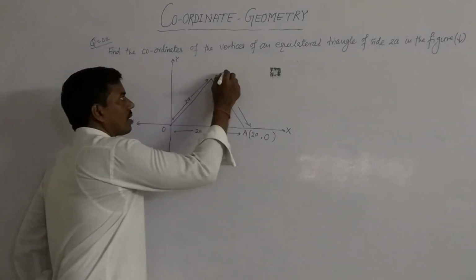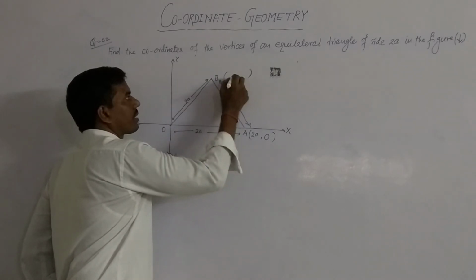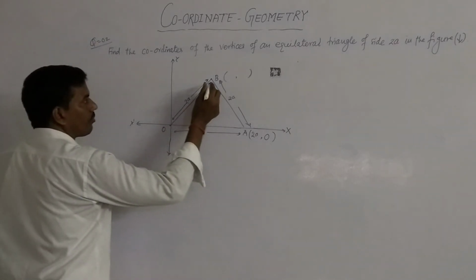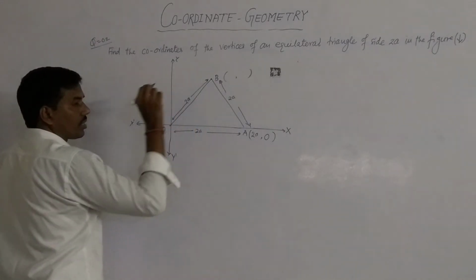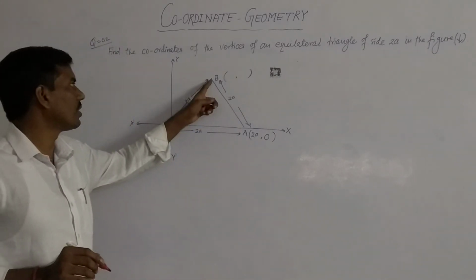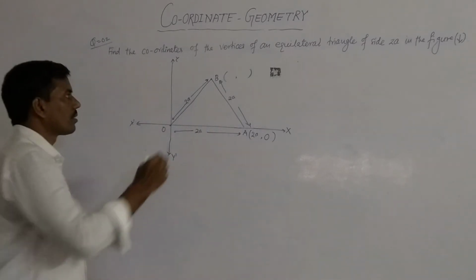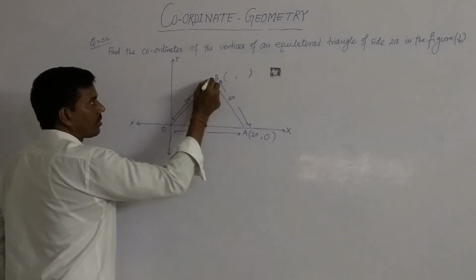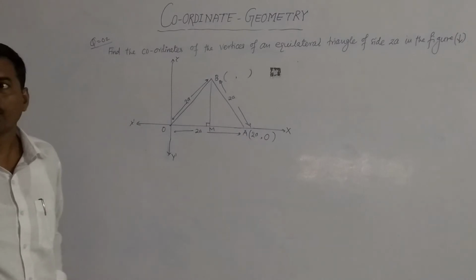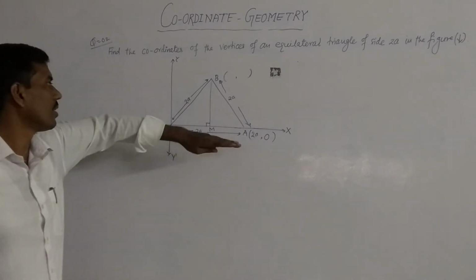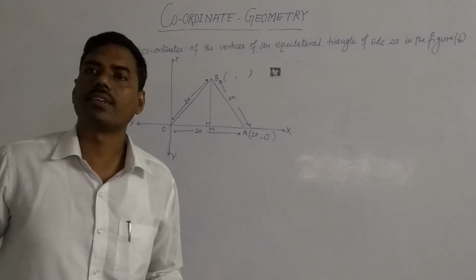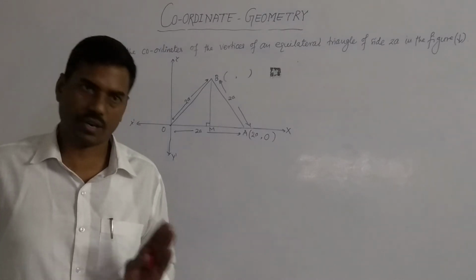Our next target is to find the coordinates of point B. If we draw a perpendicular BM from vertex B to the opposite side OA, we know that it bisects the opposite side, meaning it divides it into equal parts.